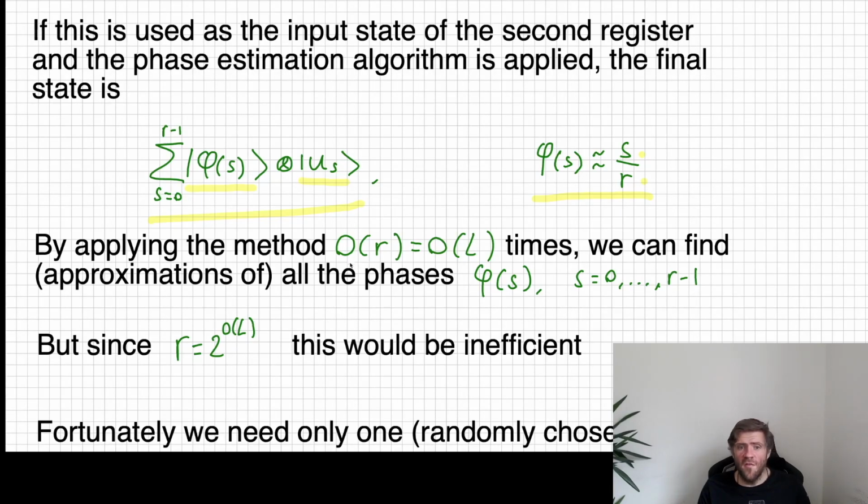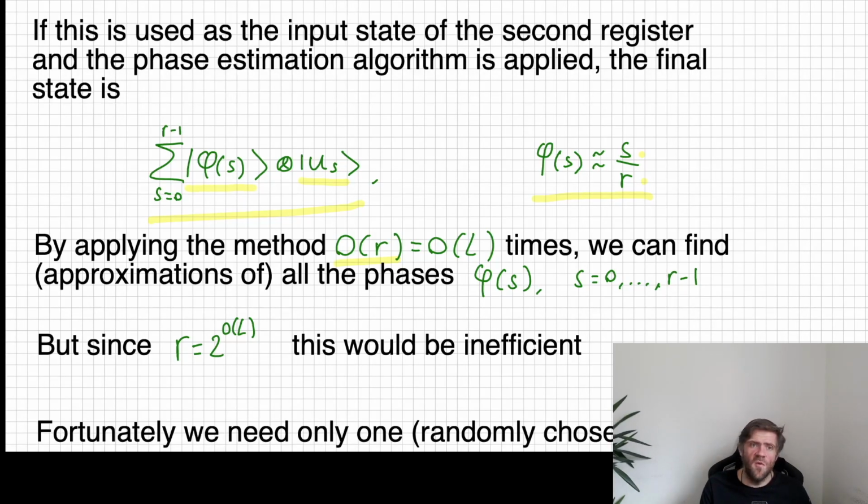One thing we could do here is apply this method lots of times, on the order of r times, in order to get all of the different phases, and then deduce what r must be. But the number of such states is on the order of 2 to the L, because of the number of these states that exist. So it would be inefficient.